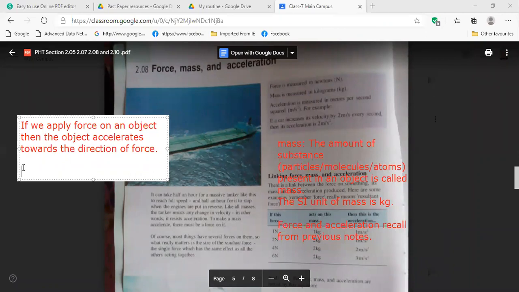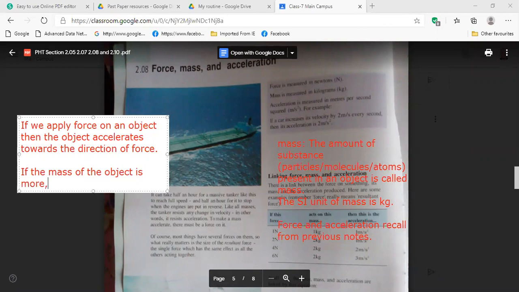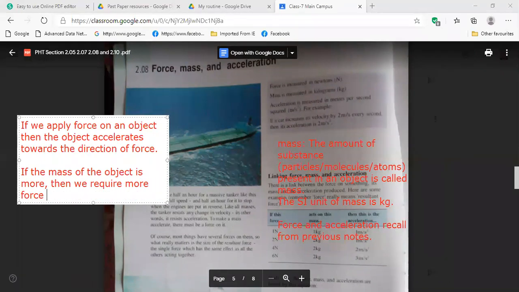Then I am adding here some more: if the mass of the object is more, then we require more force to accelerate it, isn't it?